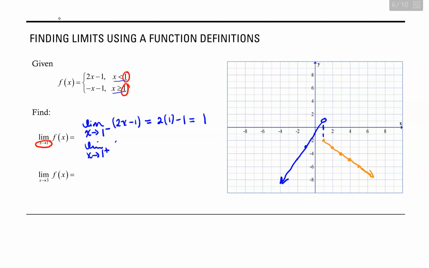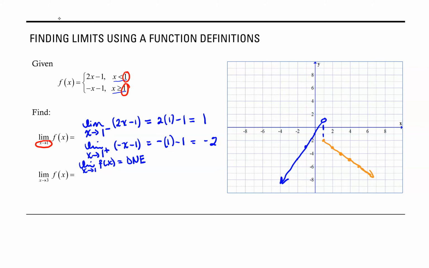So we're looking at the portion of the function negative x minus 1, which, as x approaches 1, would approach negative 1 minus 1, or negative 2. Notice we get the same result as from the graph, which shouldn't be surprising. And so what this tells us is that the limit as x approaches 1 of f of x does not exist.